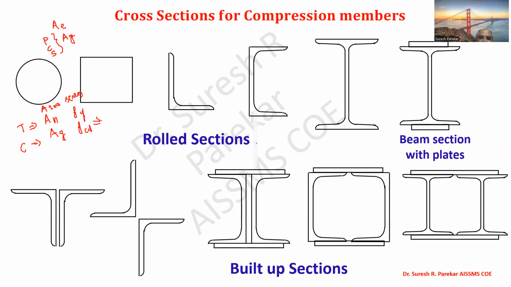The tables we are going to use for this are 9 ABCD, and by using that table we are going to find the value of FCD, and then the formula is AE into FCD. So when you are asked what is the difference between tension member and compression member, do not answer that tension members take tensile force and compression members take compression force.